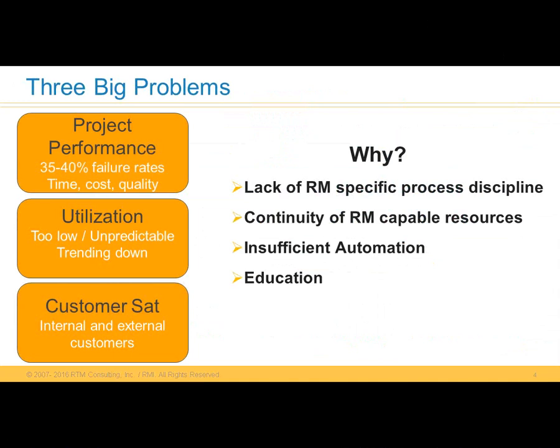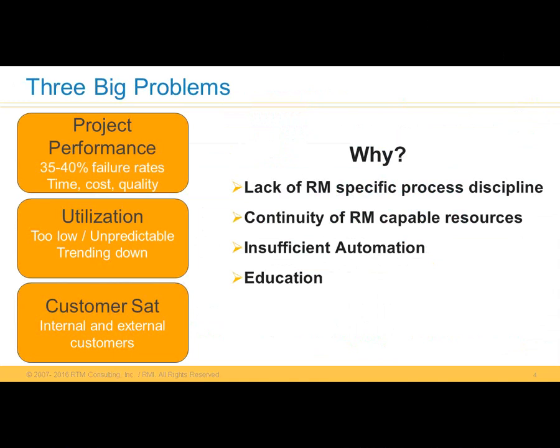Continuity of RM-capable resources: finding good resource managers is not easy today because they're not as prevalent as project managers, because the training and certification programs haven't existed until now. And the RMI is trying to change that equation for the industry by helping to push out better education and more focus on this really important discipline.